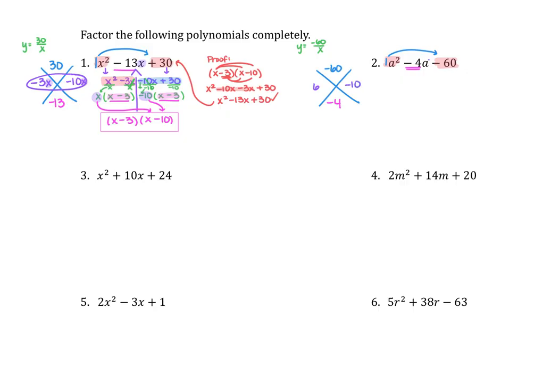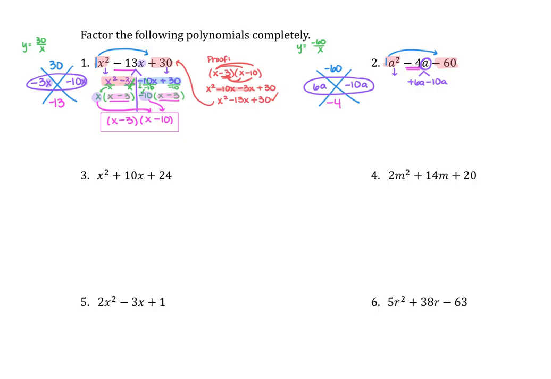Now remember, whatever variable is on this b term is what variable I add to those two factors. I'm going to split this middle term to be a positive 6a and negative 10a. Because if I combine those, I get back to that negative 4a.